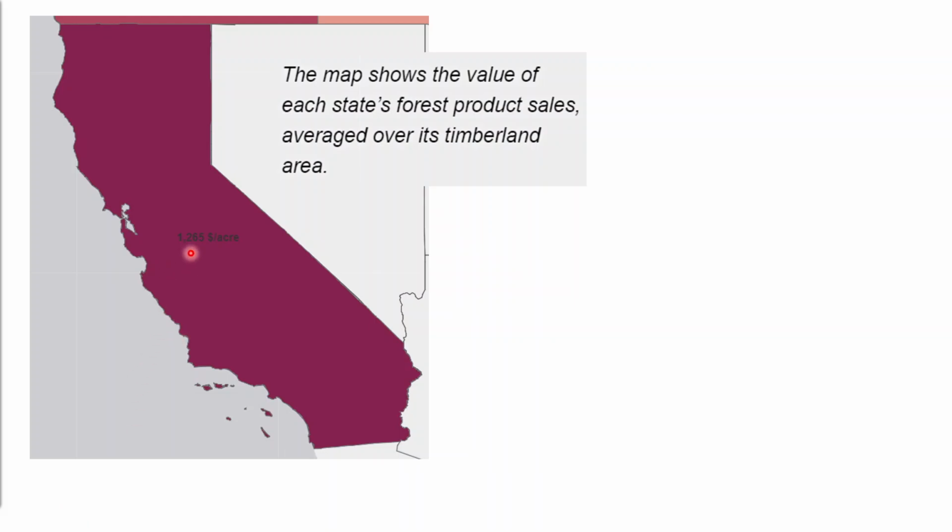You can simply take that value and divide it by how many acres of timberland there are in California, and here it will be a number that you could come up with. So you can say each acre is worth $1,265.